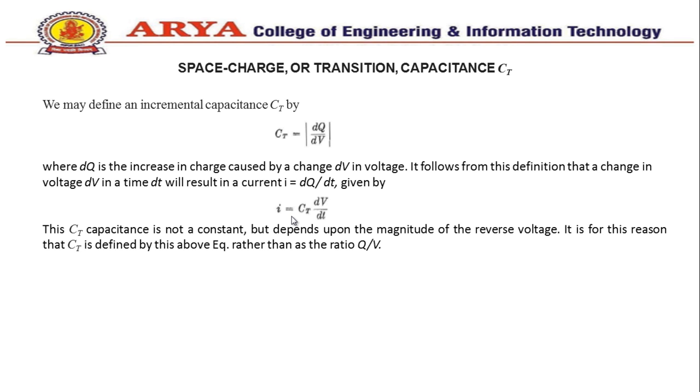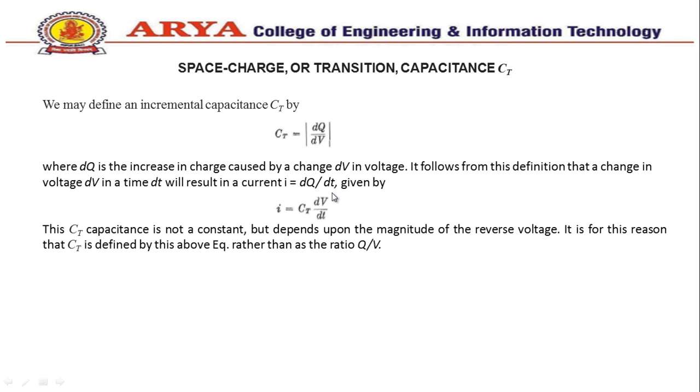The quantity CT is referred to as transition region, space charge, barrier or diffusion region capacitance. This capacitance CT is not constant; it depends upon the magnitude of reverse voltage. It is for this reason CT is defined by the equation I equal to CT dV upon dt rather than the ratio of dq upon dV.